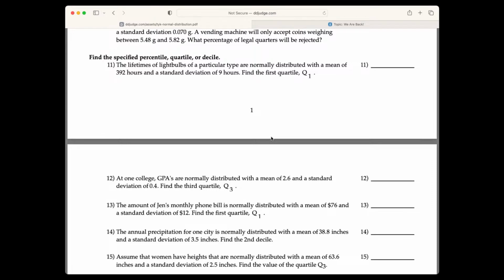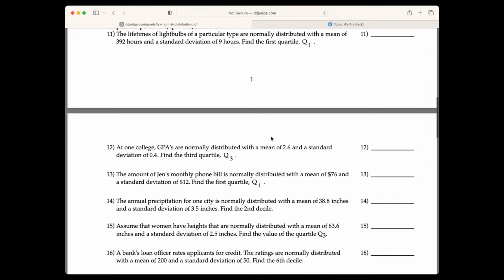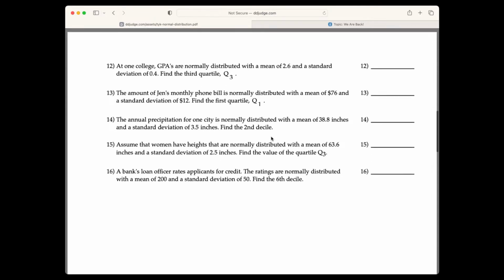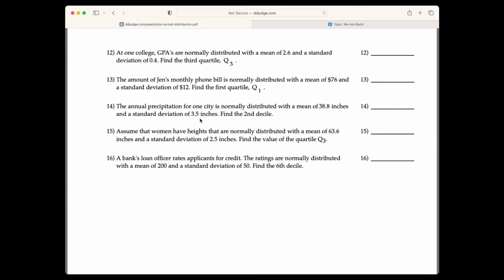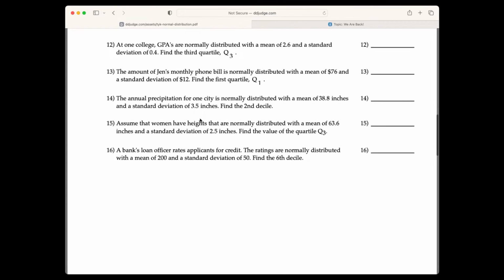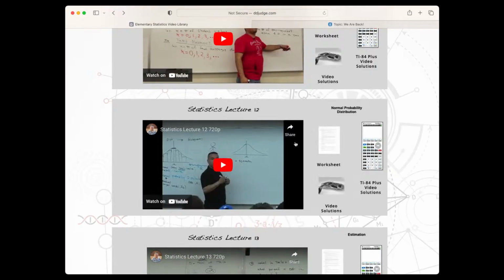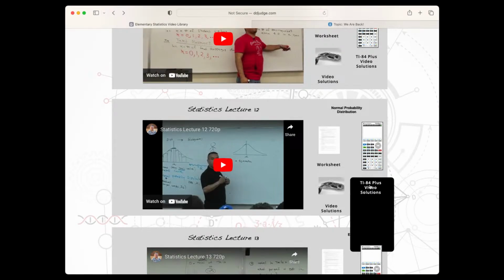Question 12 is Q3. Question 13 is Q1. Question 14 is the second decile, D2. Question 15 is Q3. And question 16 is D6.